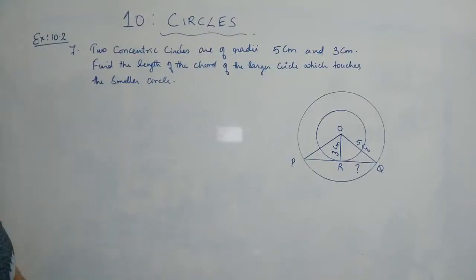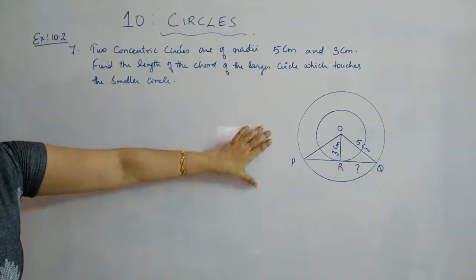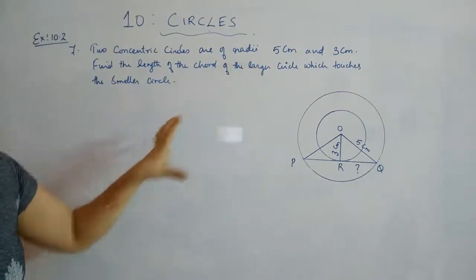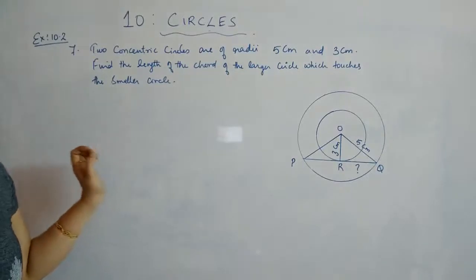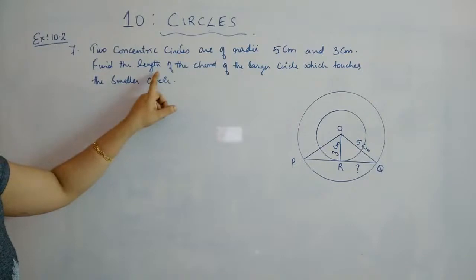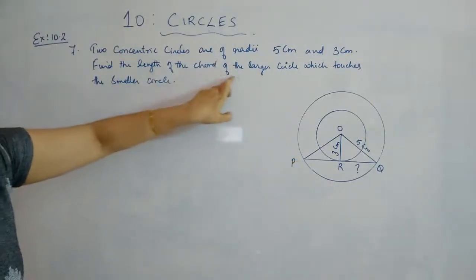Question number 7 is, two concentric circles are of radii 5 centimeter and 3 centimeter. Find the length of the chord of the larger circle which touches the smaller circle. So we have taken two concentric circles, the bigger circle of radius 5 centimeter and the smaller circle of radius 3 centimeter, and they are saying that we are taking a tangent, that means a chord of the larger circle.